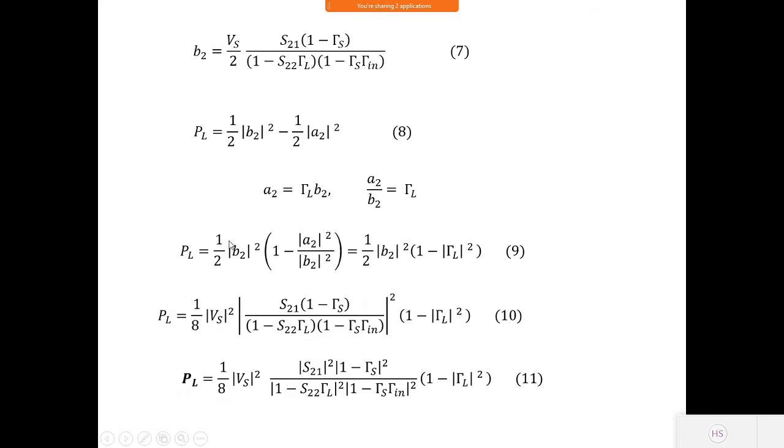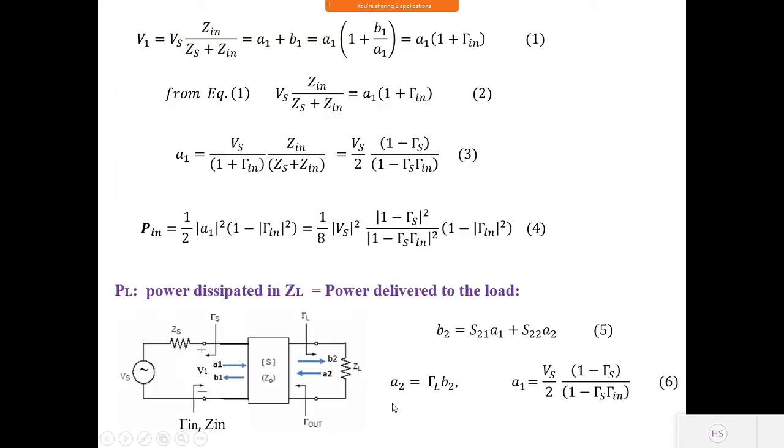This PL expression we got. This is the power delivered to the load. You got the power delivered to the load, but that is in general. That means tau L is not matched with tau out. To get maximum power delivered to ZL, this ZL must be matched with the complex conjugate of the output impedance of this network.